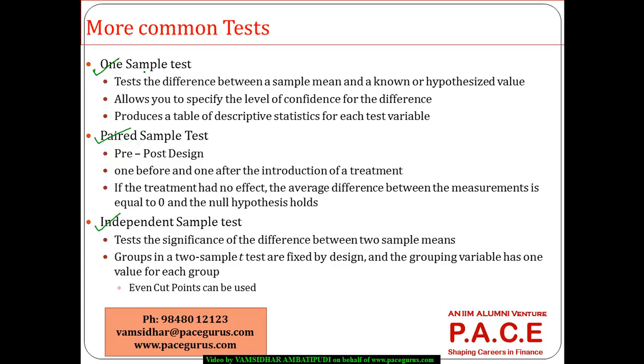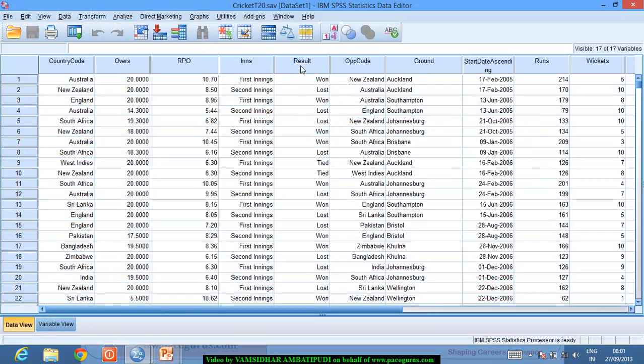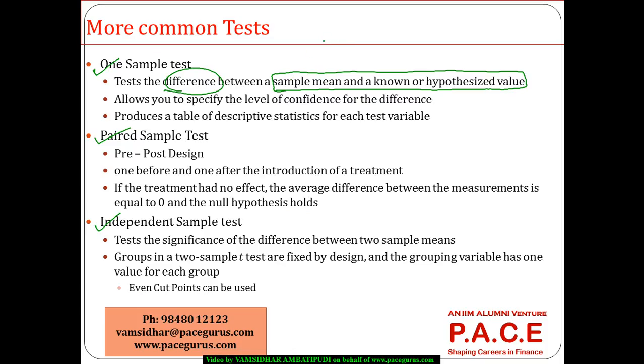When I am using the one sample t-test mechanism, it helps me test the difference between the sample mean and a hypothesized value. Going back to our data set, I want to test the difference between the sample mean of runs per hour and 7.5.